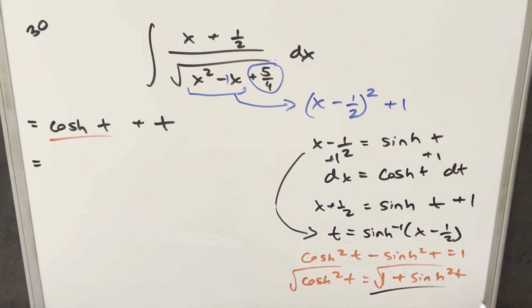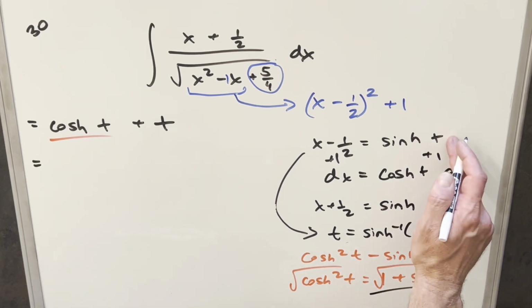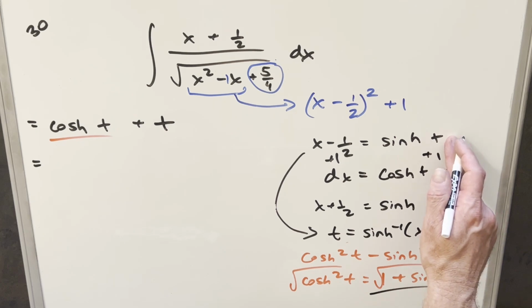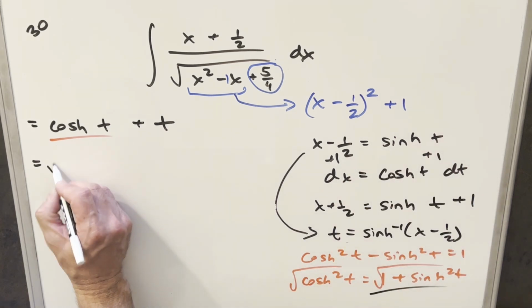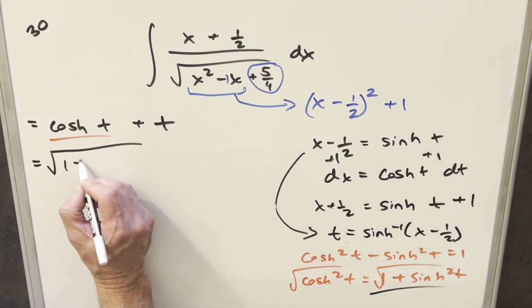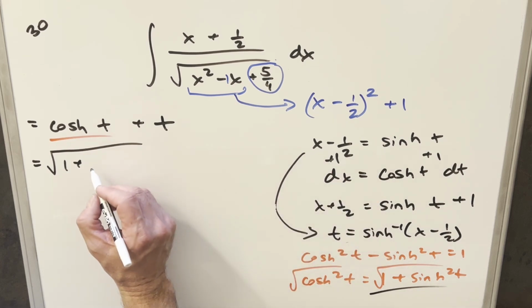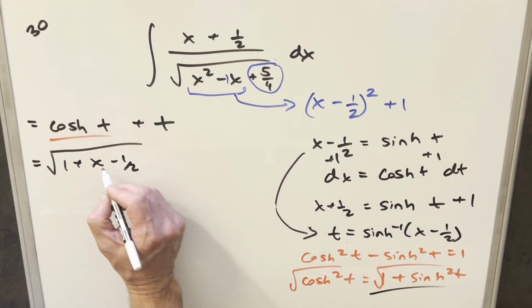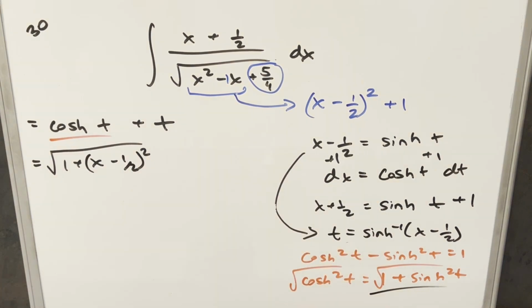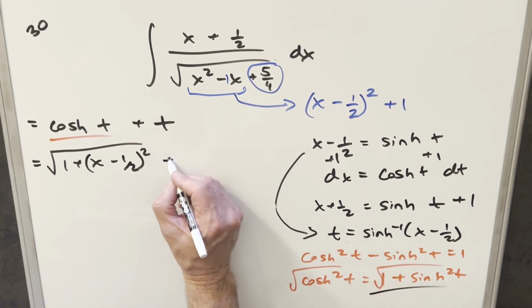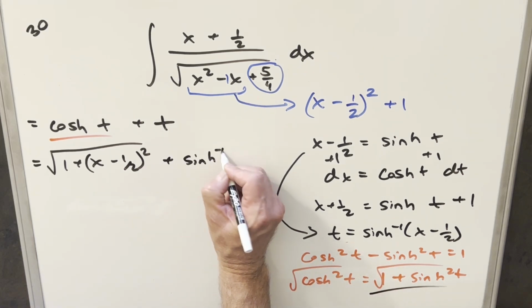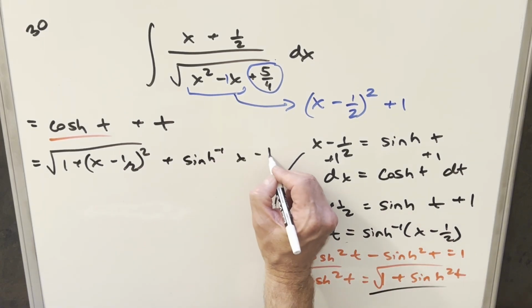Now we have our value here, but we don't want this in terms of t. We want to get it back to x, and we have our value for sinh in terms of x. So it's going to be the square root of 1 plus this thing squared, so we're going to have x minus 1/2 squared. And then we know this t value is just going to be inverse sinh of x minus 1/2 from right here.